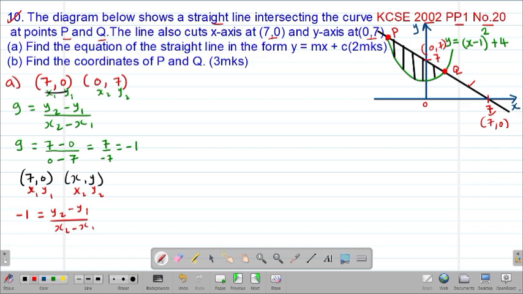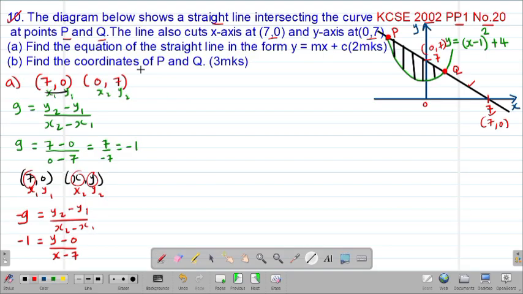So negative 1 equals y minus 0 divided by x minus 7.